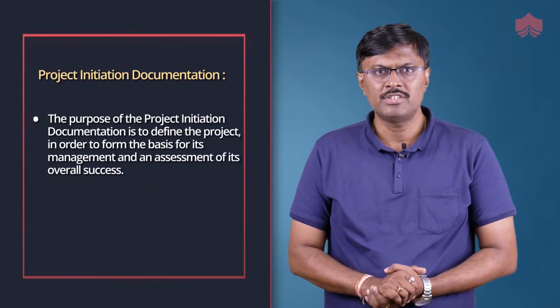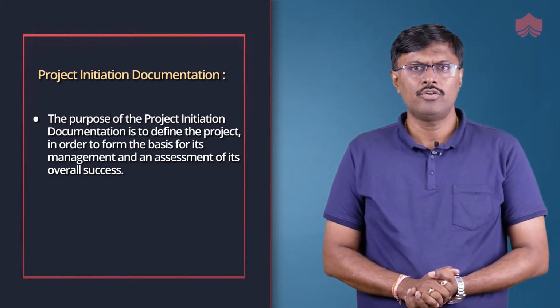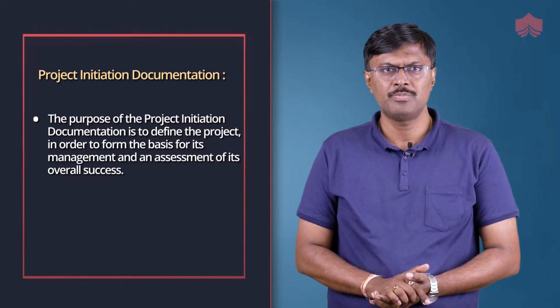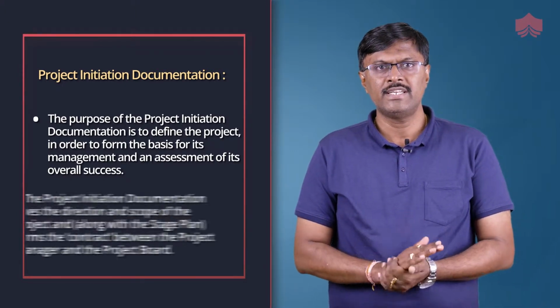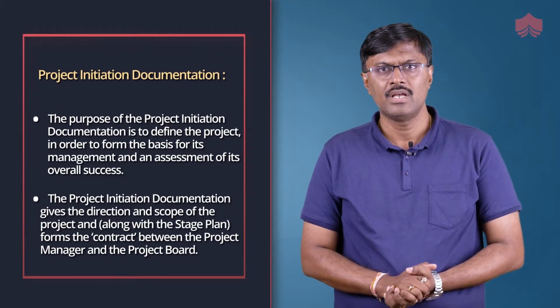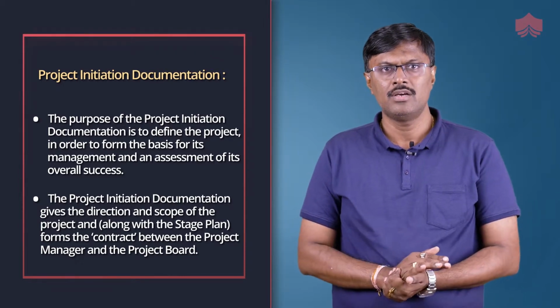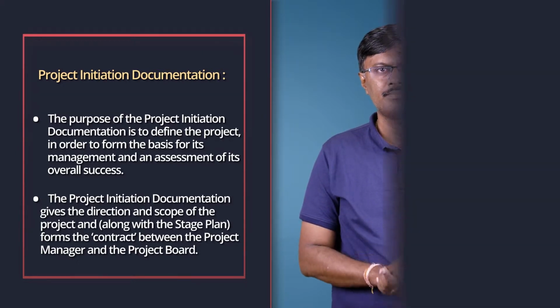The purpose of project initiation documentation is to define the project in order to form the basis for its management and an assessment for its overall success. The project initiation documentation gives the direction and the scope of the project and, along with the stage plan, forms the contract between the project manager and the project board.